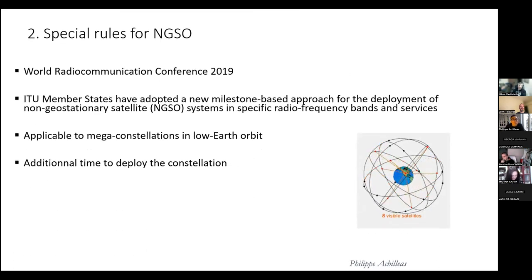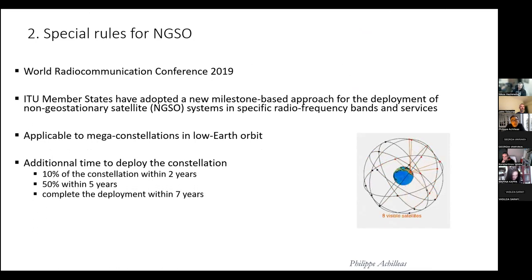Now, concerning satellite constellations, because it takes very long to achieve the launch of a constellation within a period of 7 years, it has been decided to give 7 additional years for the complete deployment of a satellite constellation.